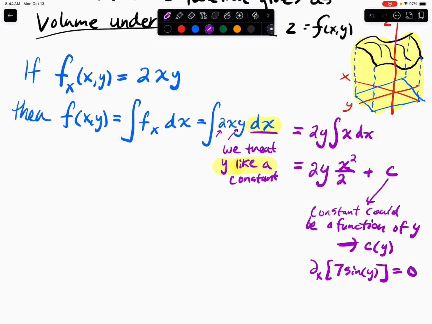So my answer is 2y times x squared divided by 2, and the 2's cancel, plus c of y.